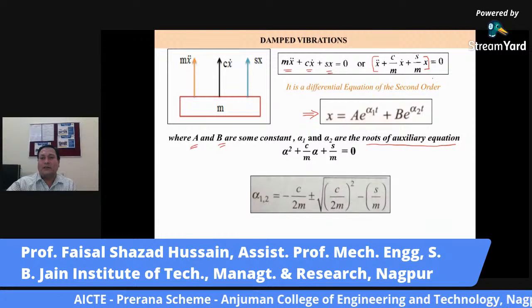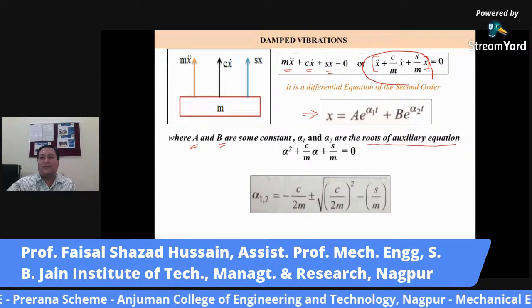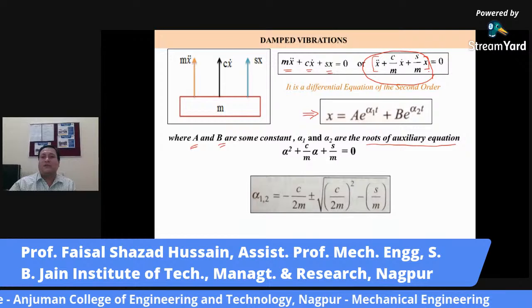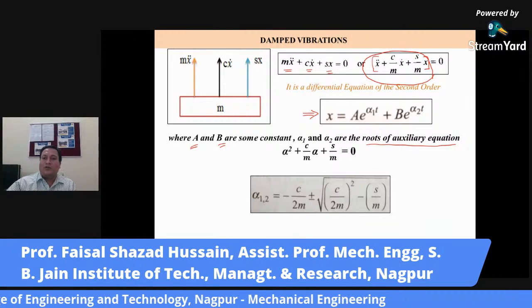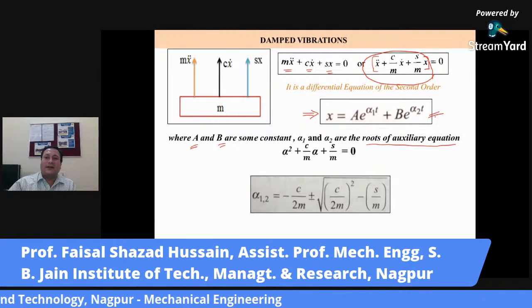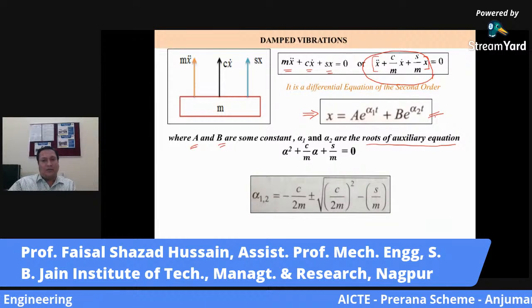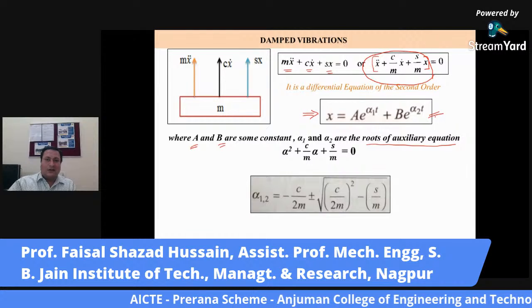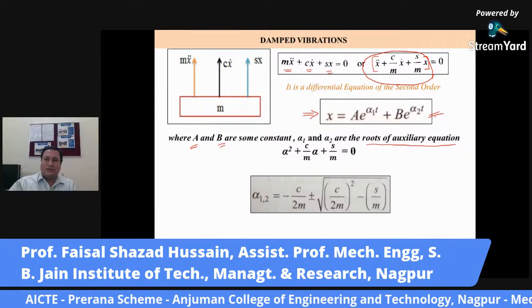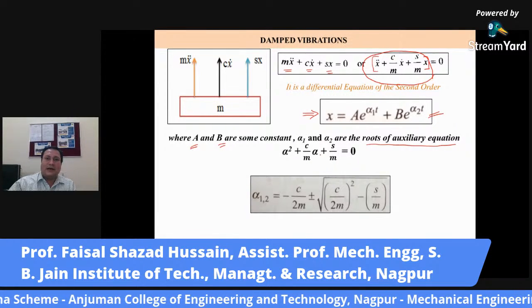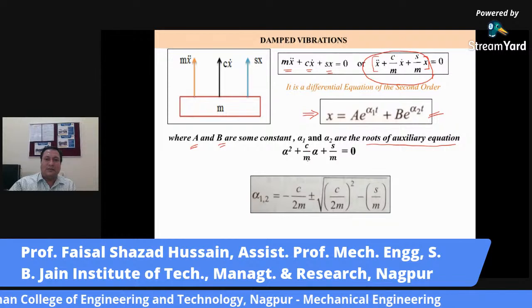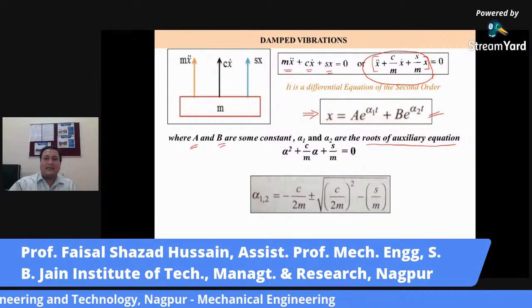When you solve this second order differential equation, you will get this equation, where a and b are constants and alpha 1 and alpha 2 are the roots of the auxiliary equation. The auxiliary equation can be written as alpha square plus c by m alpha plus s by m equal to 0.